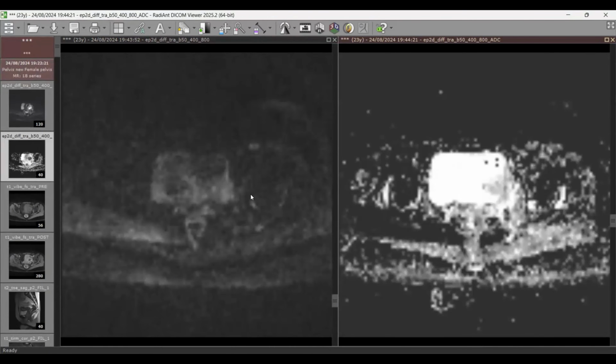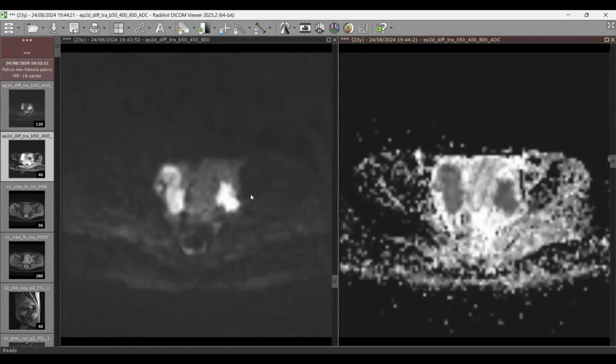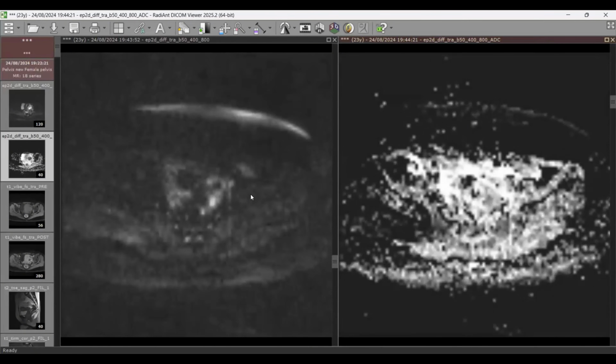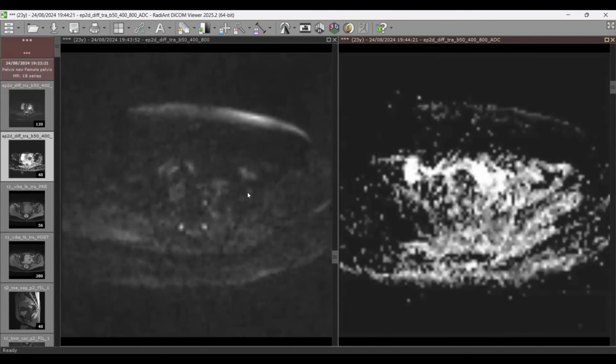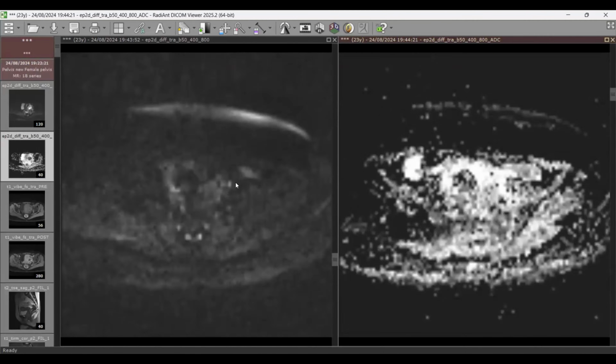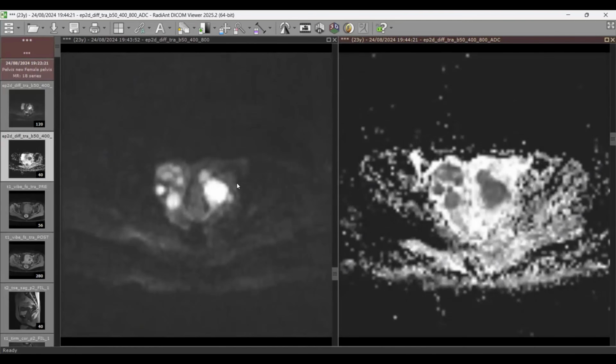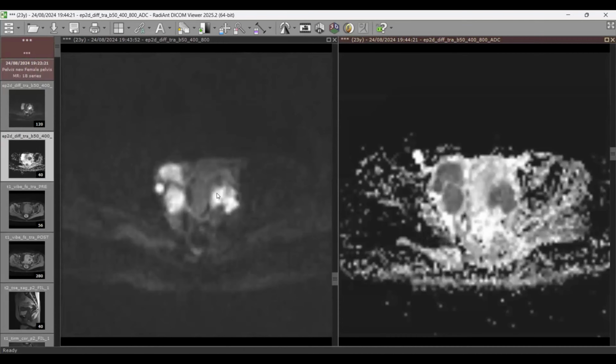There are high signal areas involving both adnexal lesions, with more heterogeneous areas of diffusion restriction, correlated with the ADC sequence too. So it is low on ADC and high on DWI. So this suggests abscesses involving the tuberovarian region.